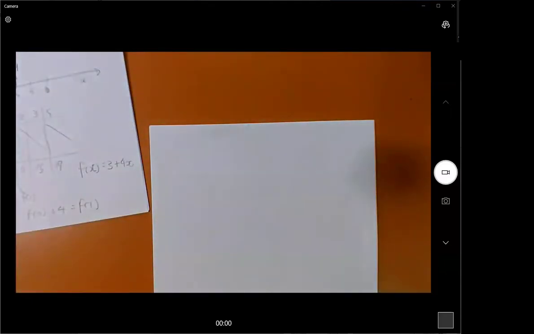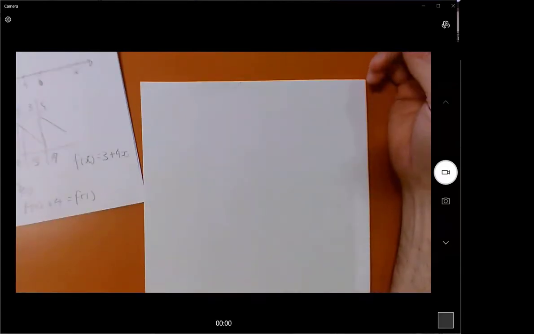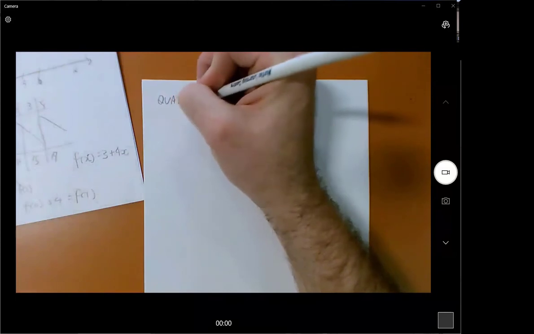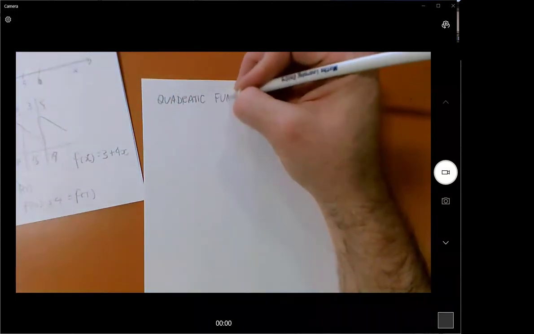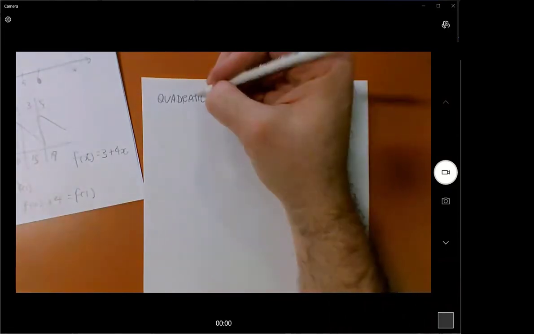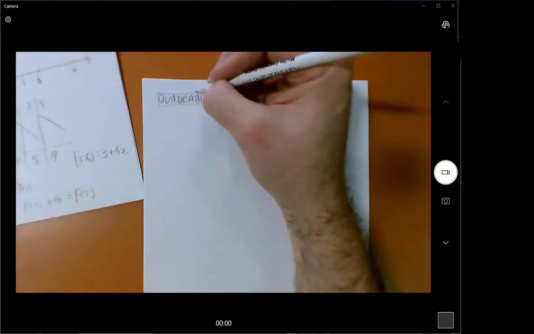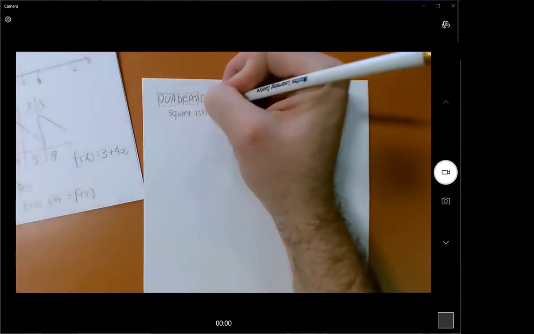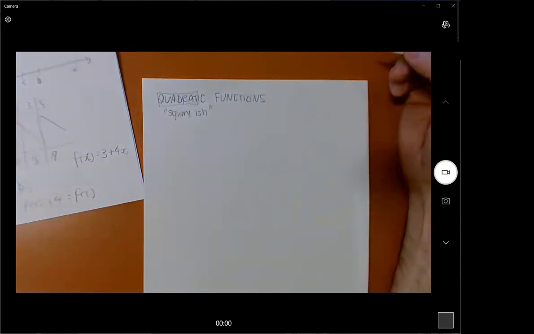But there are lots and lots of others. And one of the ones that is the second least complicated, but there's a lot of information about it, is quadratic functions. So in Latin, quadrat means square. And so quadratic means squarish.